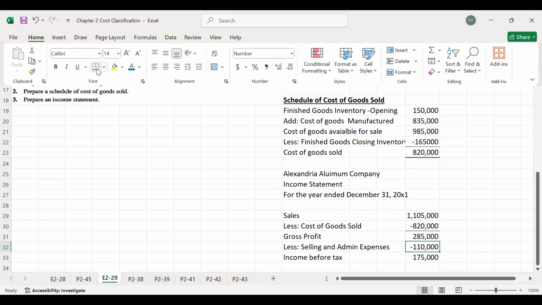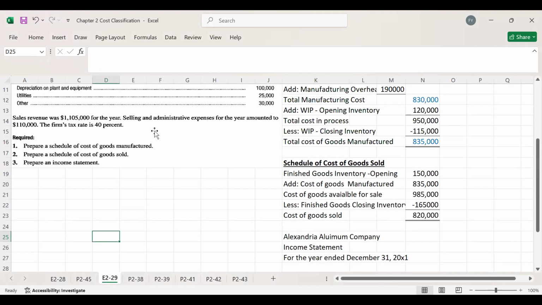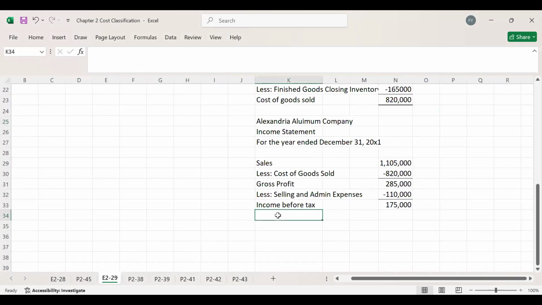Then we will deduct tax, income tax expense. The tax rate is 40%. So income tax expense we can calculate as minus 40% of income before tax, which is 175,000.